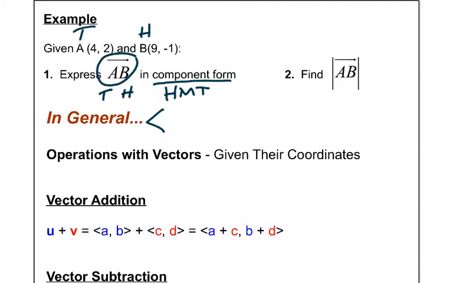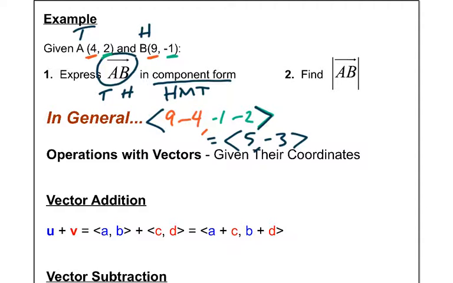So we'll do 9 minus 4, and then we'll do -1 minus 2. Simplify, and I get this vector in component form would be 5, -3. And that would be head minus tail.